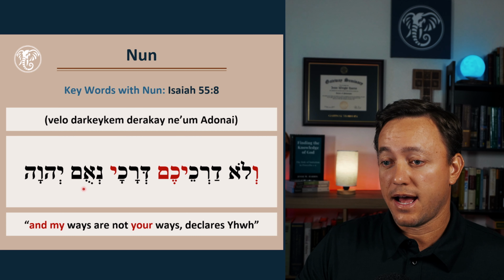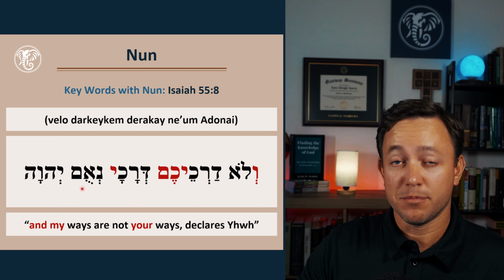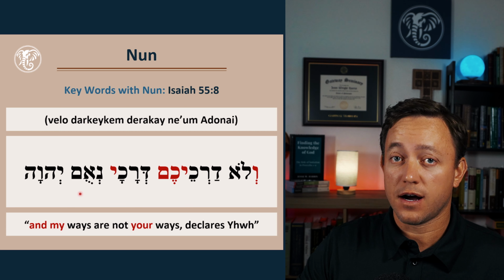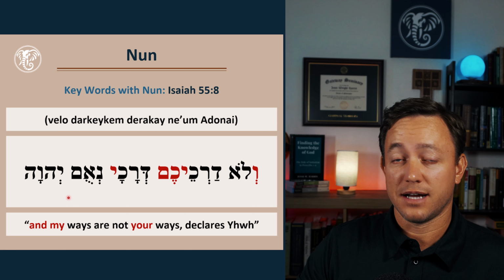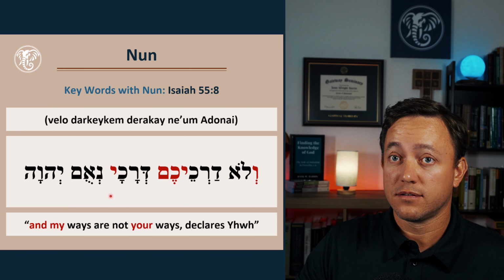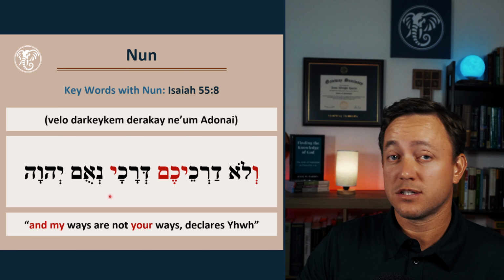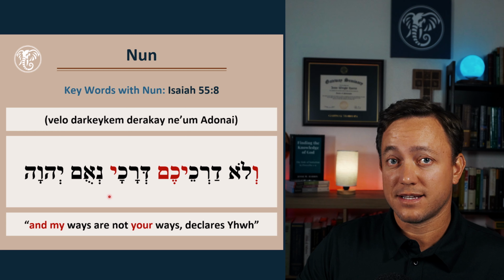As his creation, as mere mortals, finite beings, we are called to trust and obey, or to follow him, because how can we know what will be the future? We don't have that knowledge, but we know that God does. So we have to trust that his ways are the right ways, and that our ways are perhaps not, especially when they contradict the very clear ways that the Lord has outlined for us.